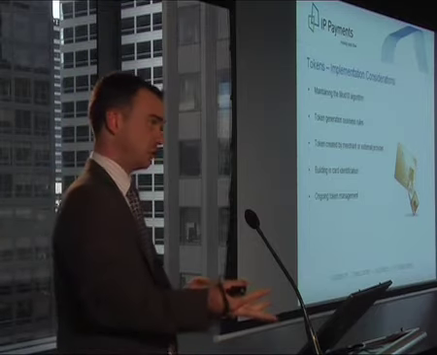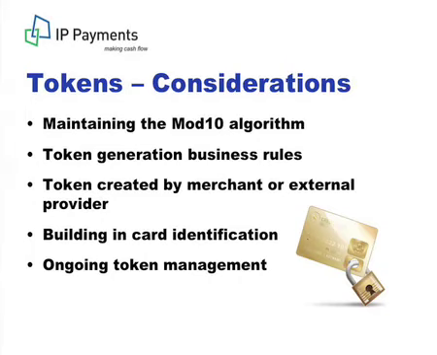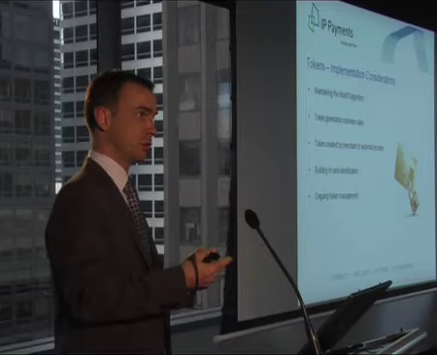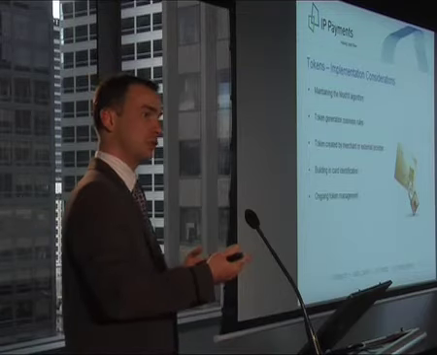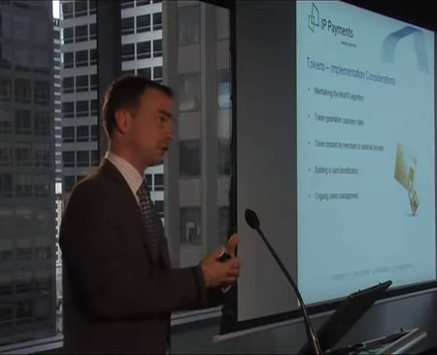Building in card identification. In the previous example of token generation, we maintain the first 6 digits and the last 4 digits. If your call centre staff or customer service operators are trying to assist your clients, then they can still identify with the end customer what their payment mechanism was for a particular transaction, albeit it's a kind of useless token on its own.